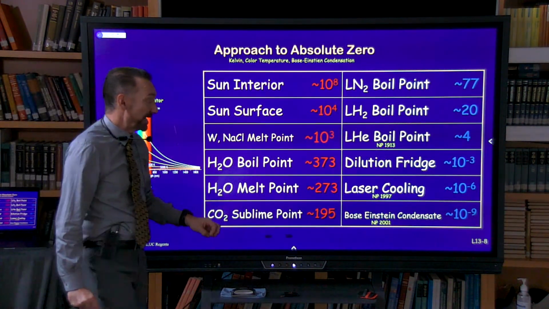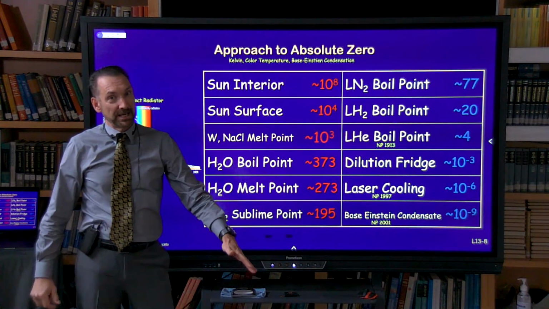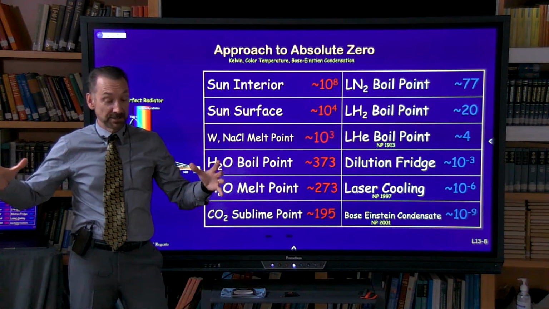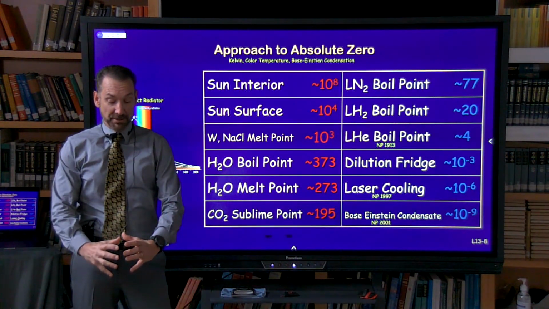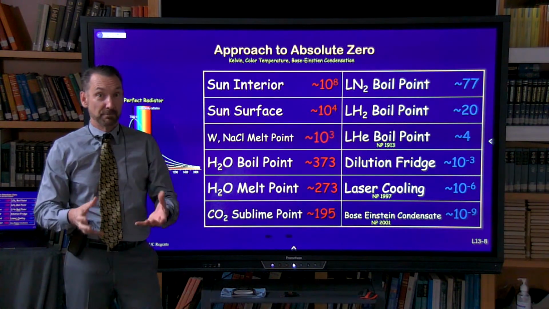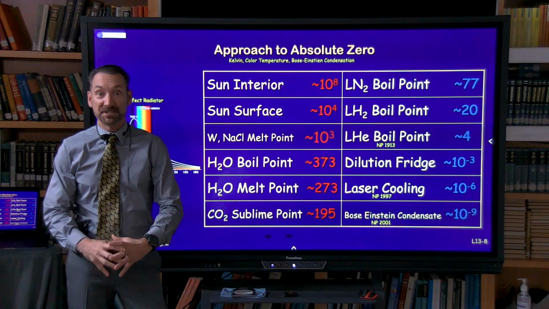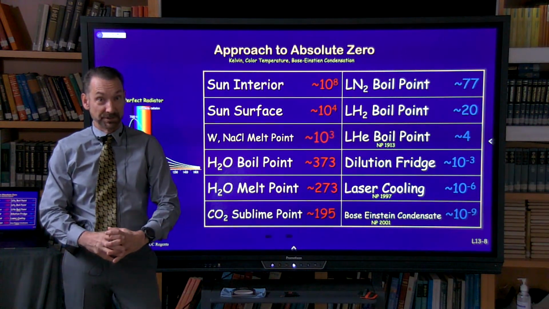So in that case, and we know absolute zero, all motion would stop. So we can't get there, but the Bose-Einstein condensate, if your matter is bosons, those are allowed to collapse into the same quantum state. They can have the same quantum numbers.